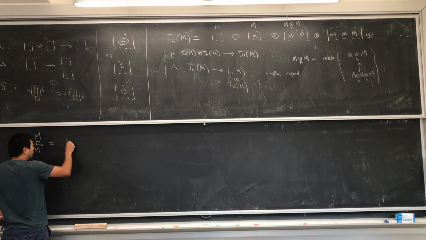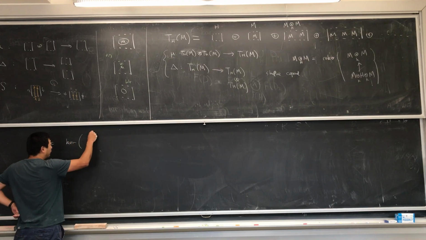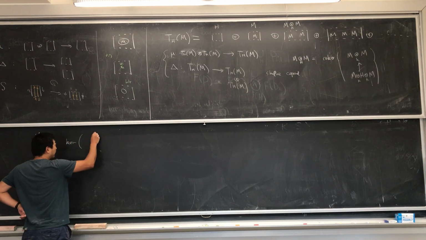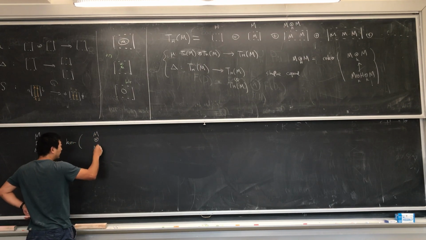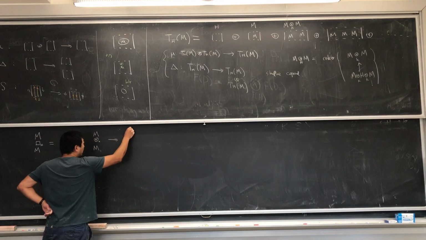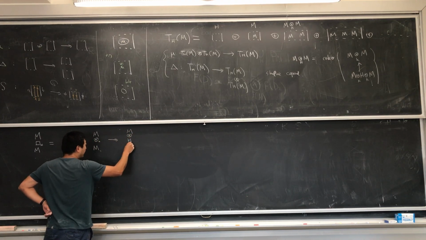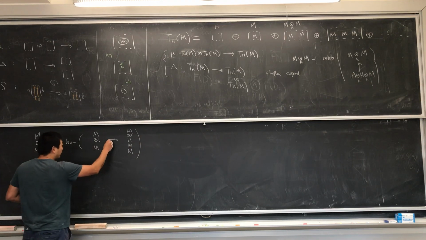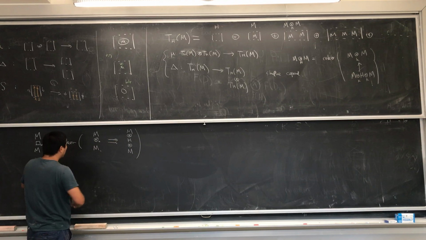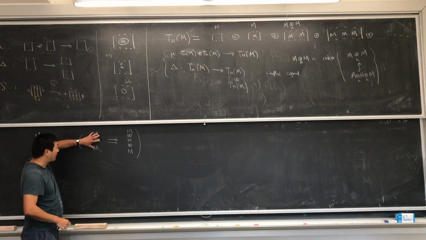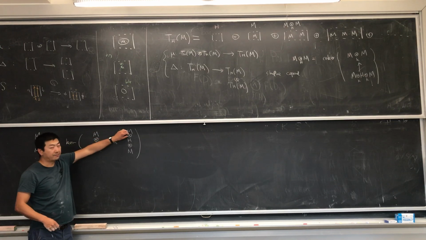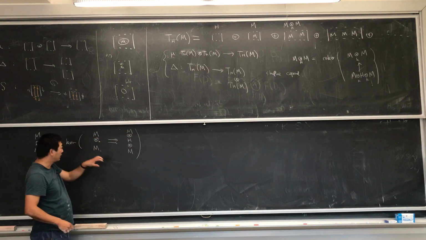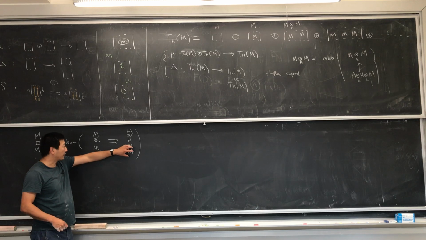This is a kernel, or the limit, of, let's say, M tensor M to M tensor H tensor M. So from M tensor M, you can either split the top guy from the bottom and a copy of H, or the bottom guy from the top and a copy of H.